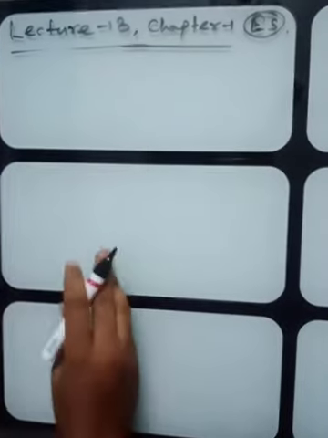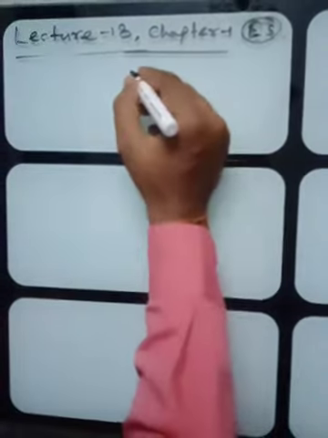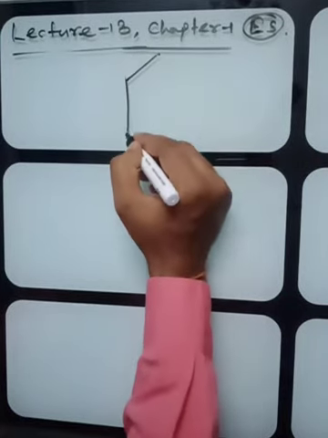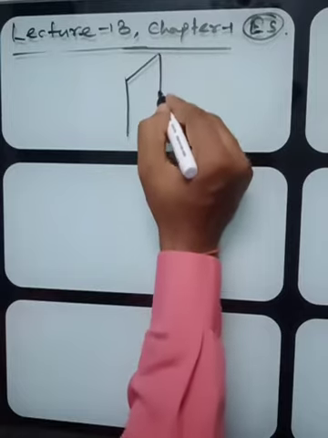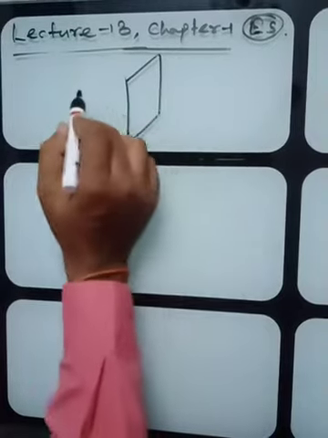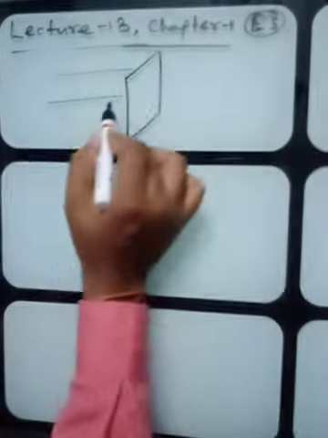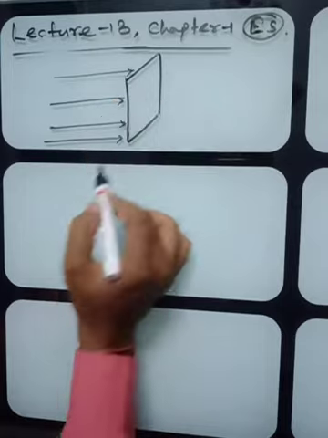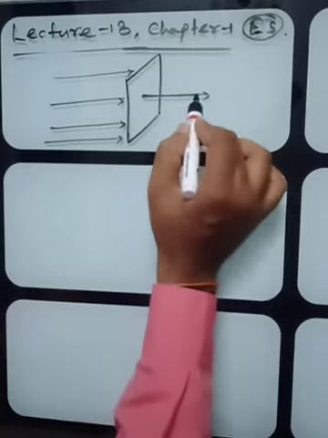Suppose this is the plate, and you have placed this plate to stop the field lines which are going from here. This is the surface area.